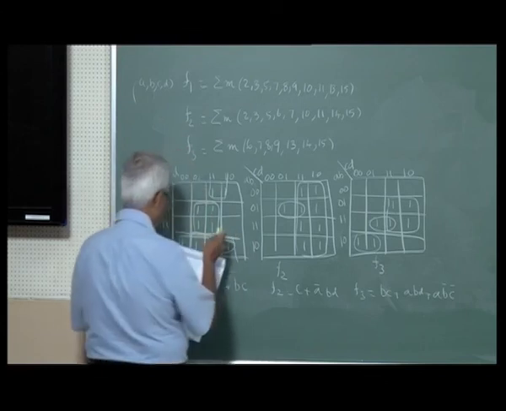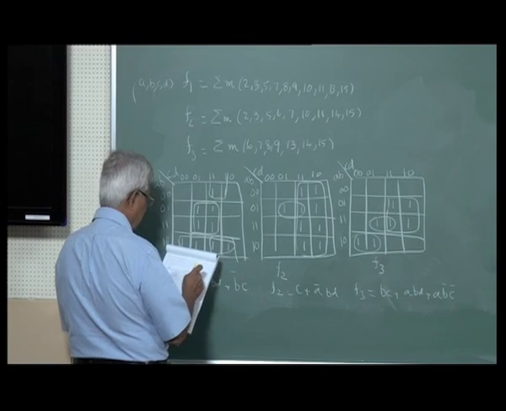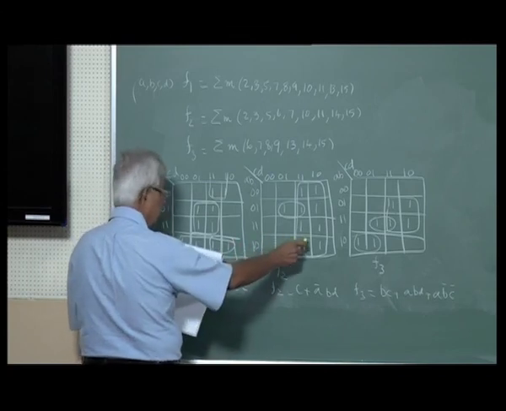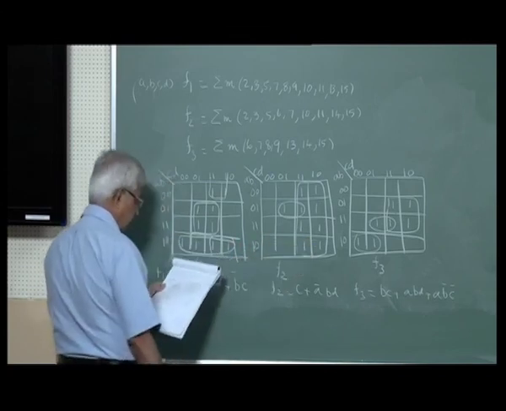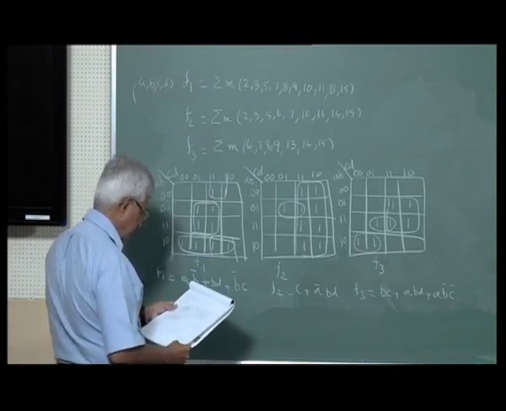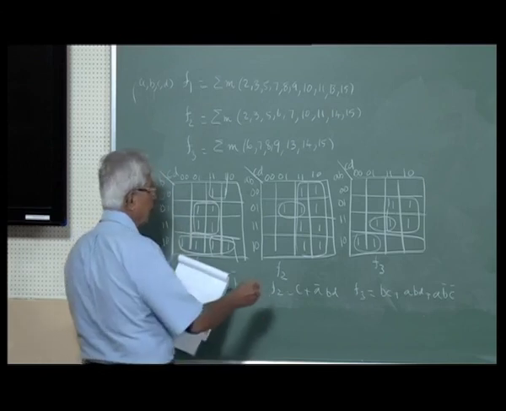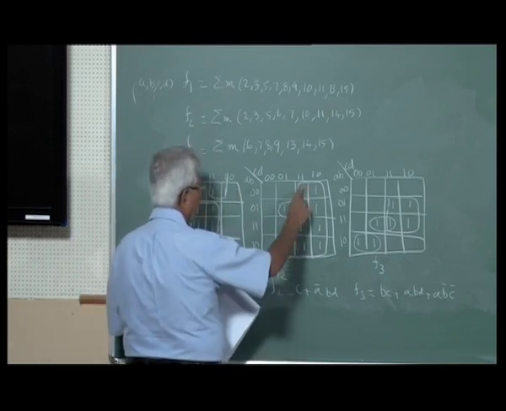I will do a different color chalk. This I cannot simplify it, I can use it as it is. I am not going to do anything to this because it is already the simplest form.